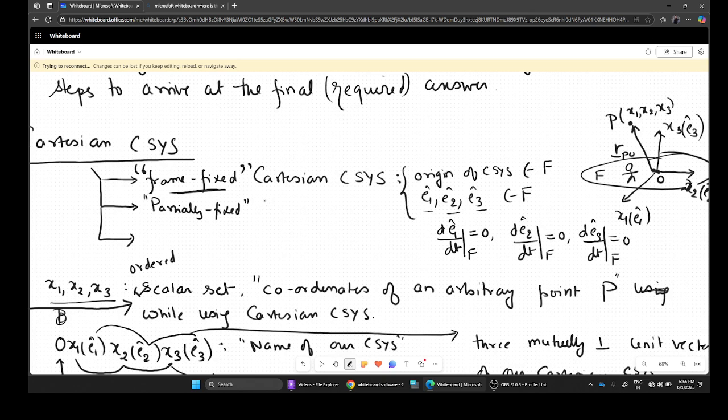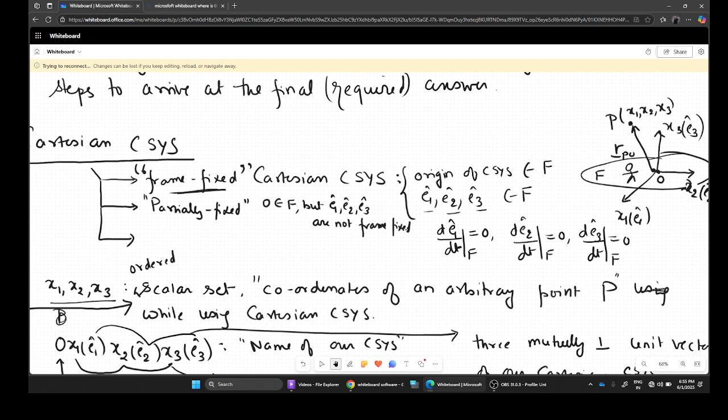In this case, it may happen that O is fixed to frame F, but E1, E2, E3 are not frame fixed. This will be a partially fixed Cartesian coordinate system. So you allow E1, E2, E3 to change their direction as seen by the observer fixed in F, but the origin is still a point fixed on F.